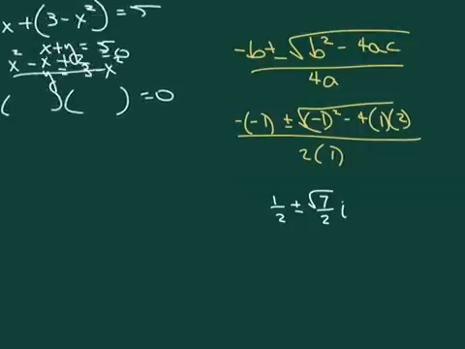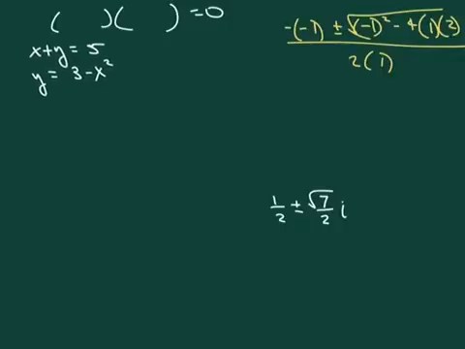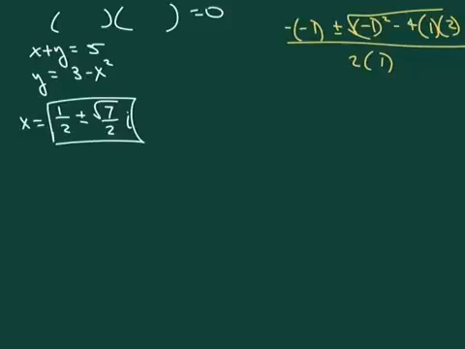Alright, so let's get all this junk out of the way here. Let's keep our problem right here. This is our original one. So that is what our x equals. Now we're going to have to substitute this into, well, the easiest one would be to substitute it into there.